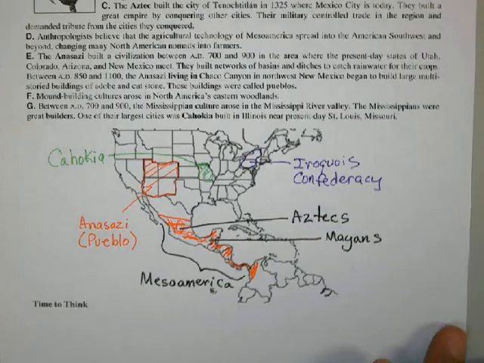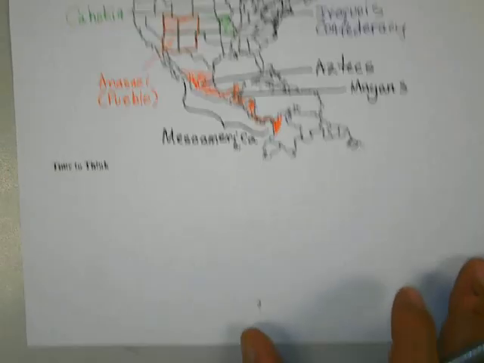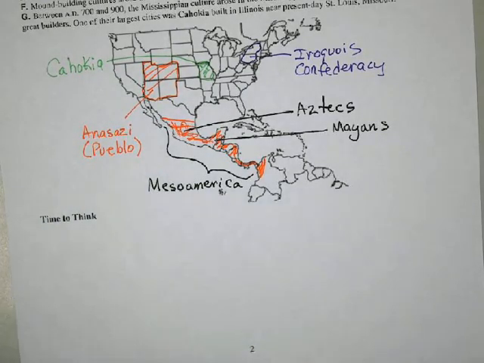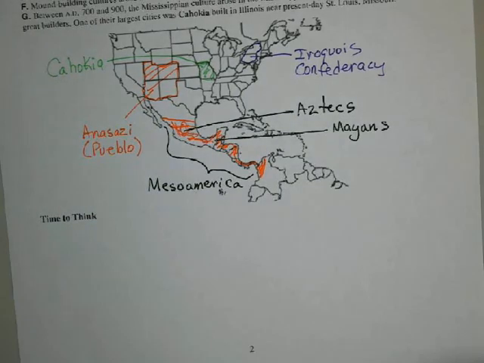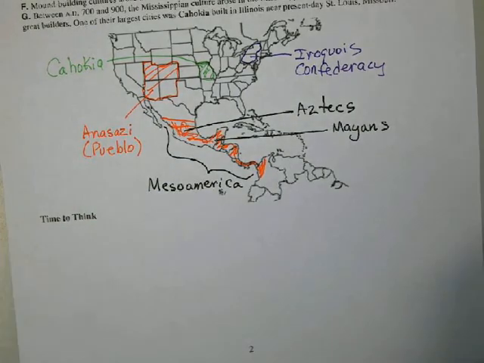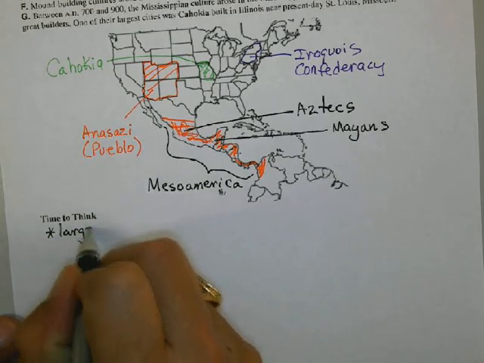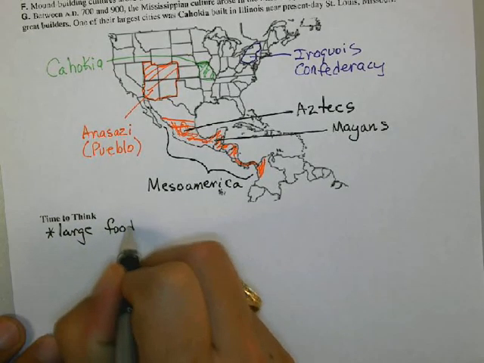Now let's go to the part where it says time to think. And this is going to be incredibly important because now, as I mentioned, the agricultural revolution is going to change everything about the Native Americans. Let's start with the large food source.